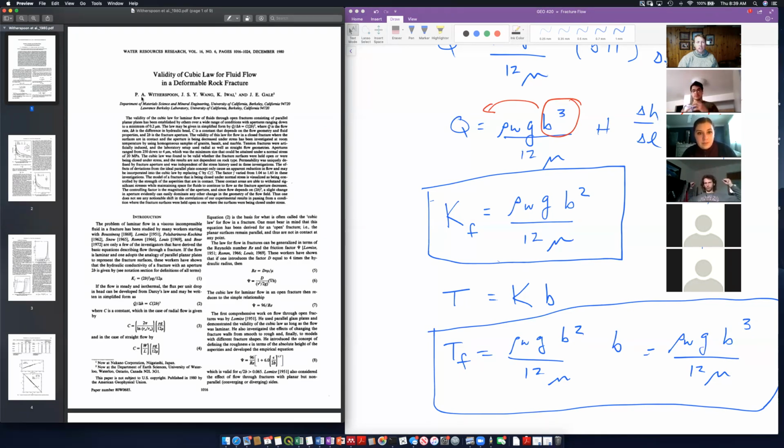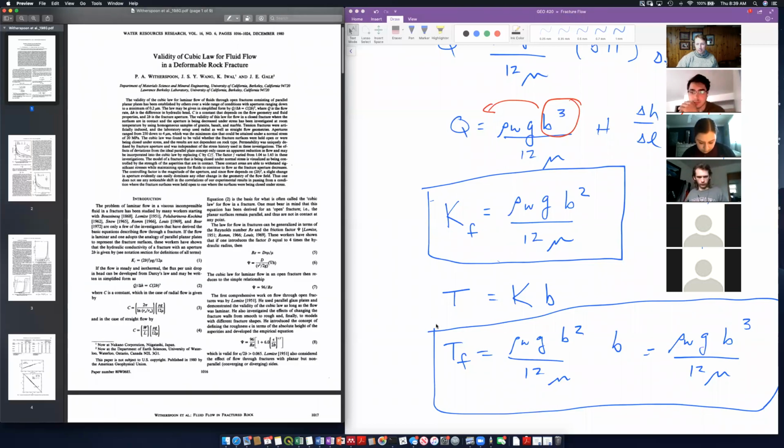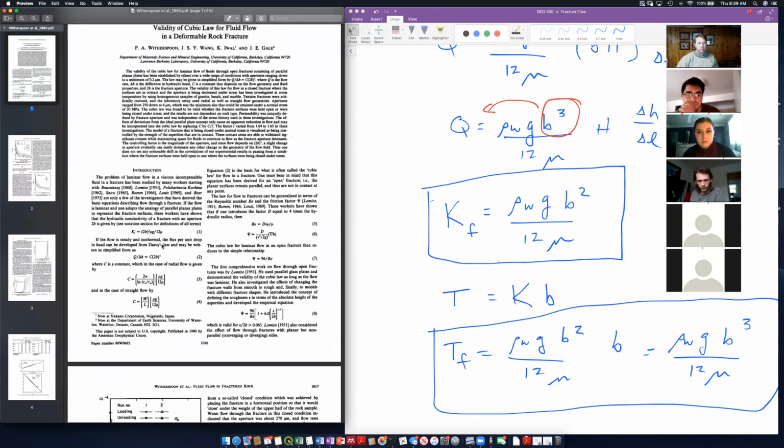He's a pretty good hydrogeologist, Cal. Here he's writing a paper on the validity of the cubic law. So this cubic law is essentially this. And you can see right here the fracture flow equation, or the hydraulic conductivity of a single fracture.